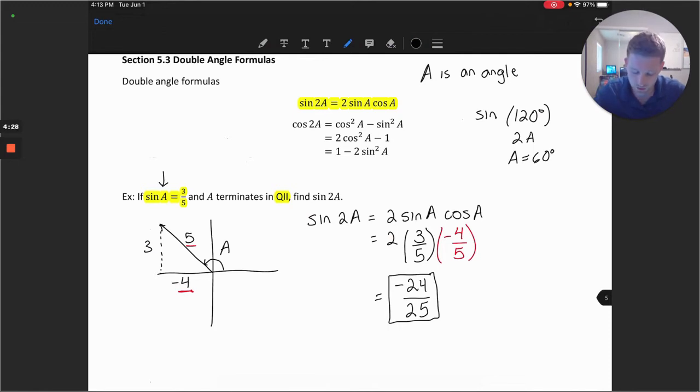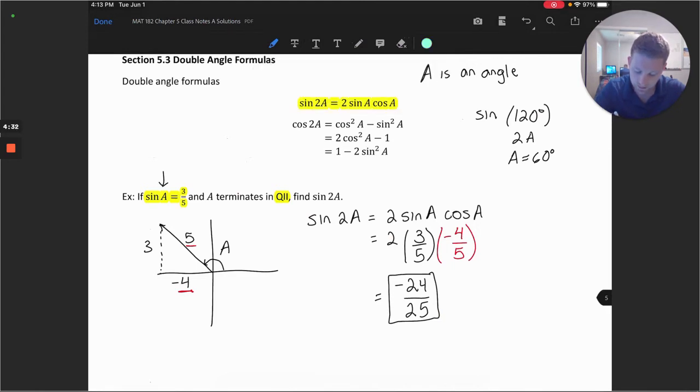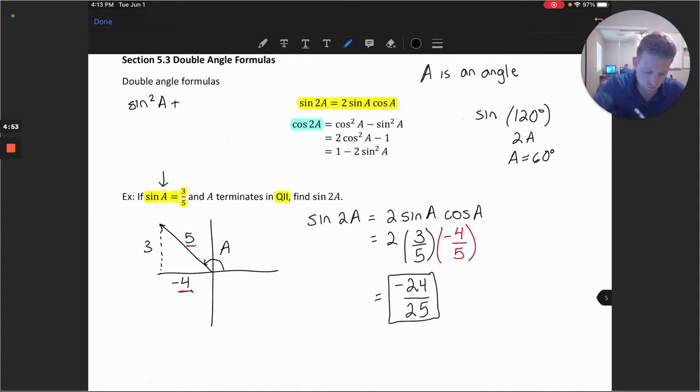So we'll draw our attention back to our formulas and take a peek at the cosine of 2a. Now the cosine of 2a can be represented in 3 different ways. Because of the Pythagorean theorem for sines and cosines, we know that the sine squared of a plus the cosine squared of a is equal to 1.